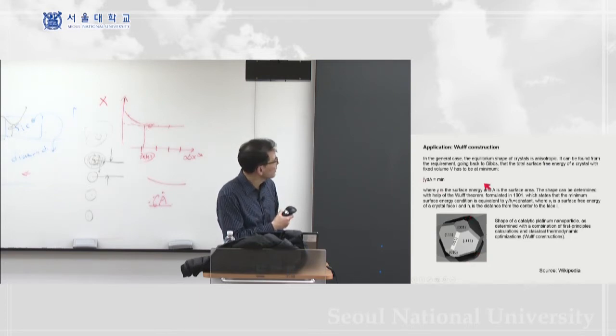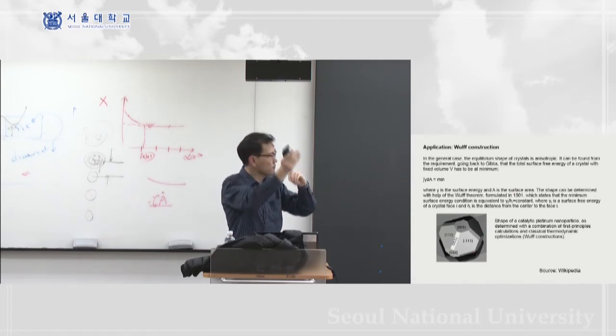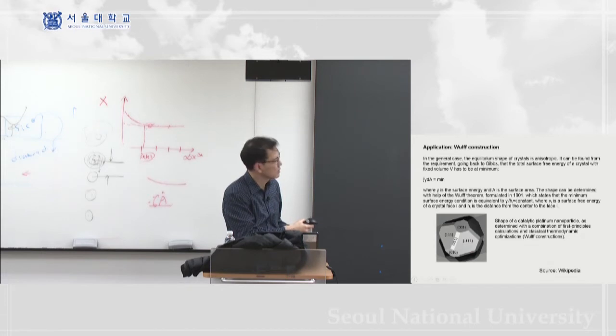A long time ago, by minimizing the surface energy with a fixed volume V, Wulff found that the minimum surface energy condition is such that the surface energy of a certain direction divided by the distance from the center to the surface is always constant.